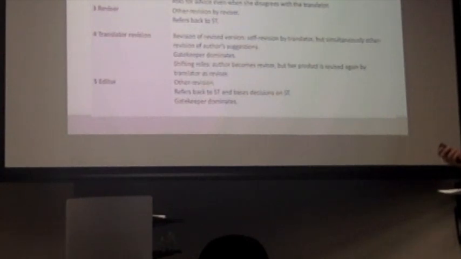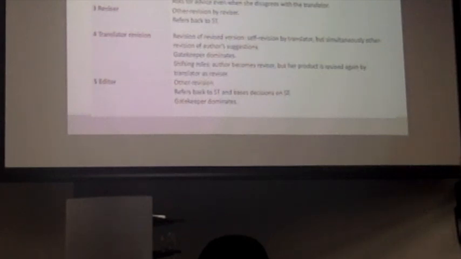You have the translator's initial revision, self-revision by translator, but she relies strongly on the author to answer her questions. So here immediately you have a self-revision based on someone else's input. I'm not going to go through these functions now. Then the author revised. Now this is an other revision by the author, but she finds herself in a dialogue with the translator. And the translator has already applied the author's comments.